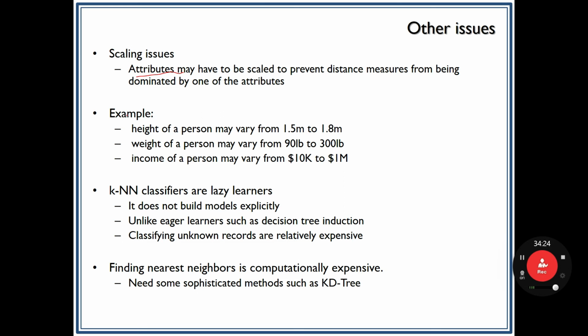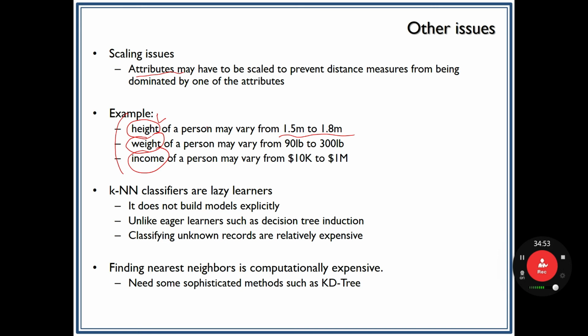Let us say that in our training set, there are three x values. X1 is height, X2 is weight, X3 is income. Height varies in this range because the scale is meter, like 1.5, 1.8, 1.7, even 2.0.